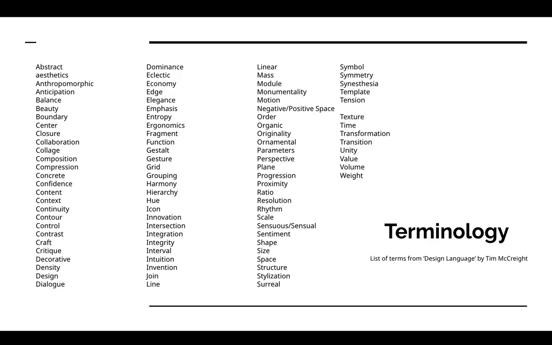So, if there are words in this list you're not really sure about, I would suggest using a dictionary or Googling the word and maybe writing down the definition in your notebook. Also, maybe making some sketches about what some of these words could look like visually.